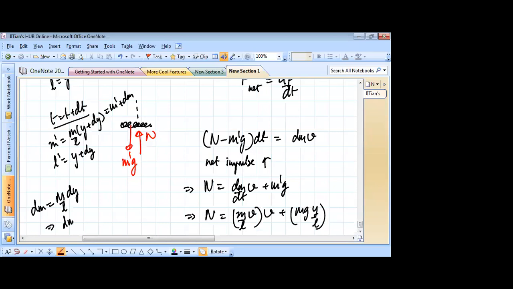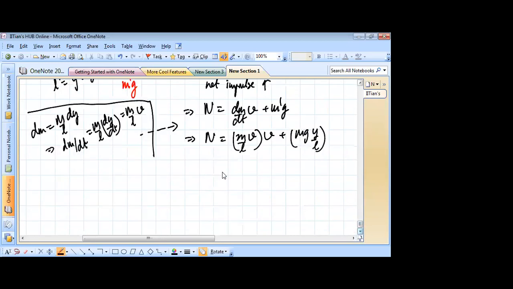So dm by dt is equal to m by L dy by dt. So that is m by L into v. So this is applied. So the normal reaction becomes the linear mass density into v square plus mg y by L.